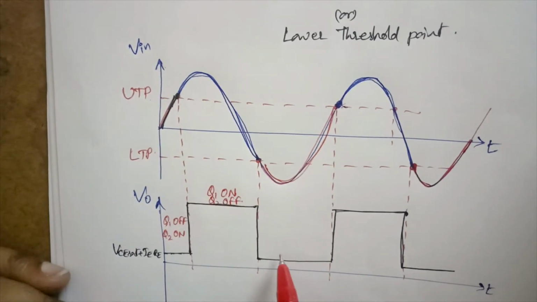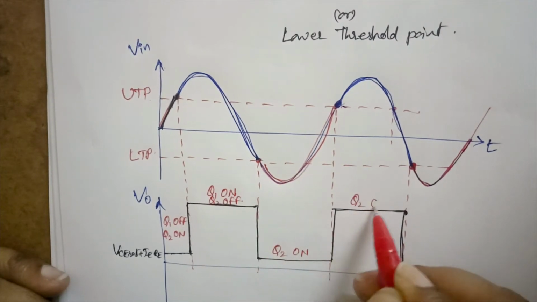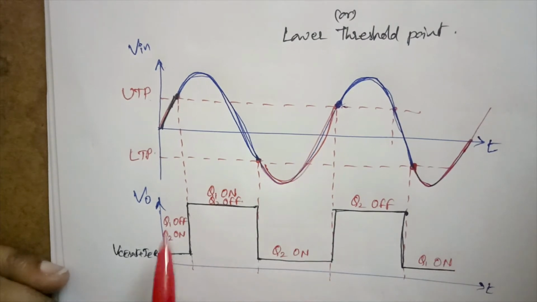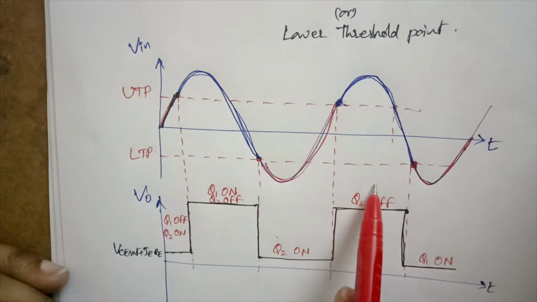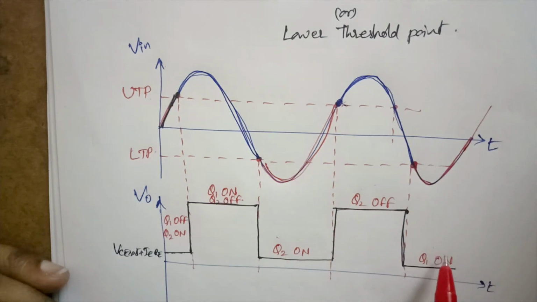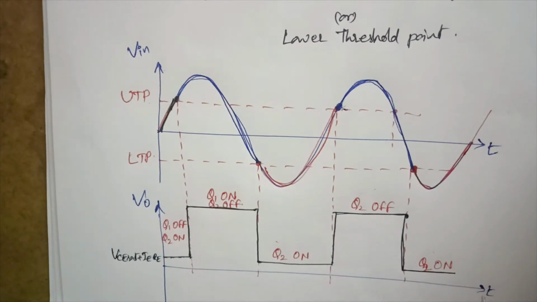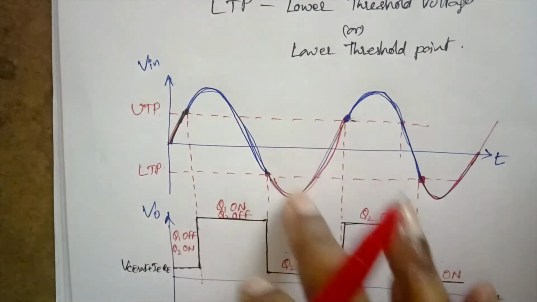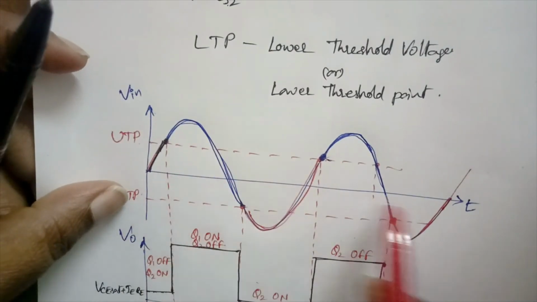Okay, so this is the waveform of the Schmitt trigger. Here Q2 is on, here Q2 is off, and here Q1 is on. Q1 is off, Q1 is on, Q2 is on, Q1 is off. So this is the waveform. Here I mentioned this with respect to some negative voltage.